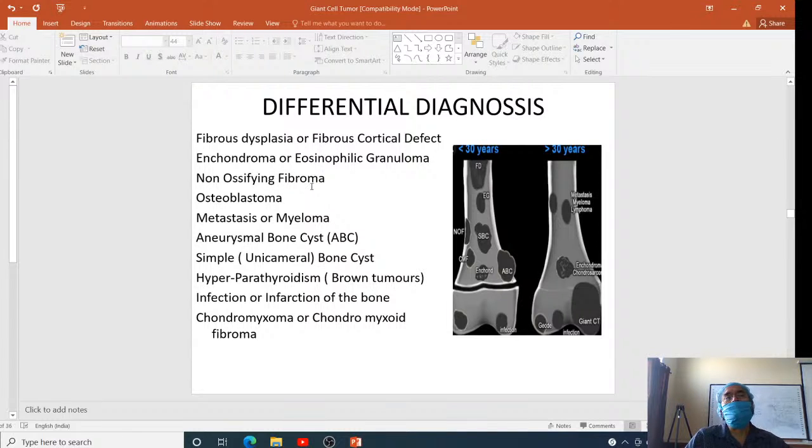The name itself tells you that it contains fibroblasts which are non-ossified. That means there is no new bone formation, just fibroblasts. So it's a soft osteolytic lesion. Osteoblastoma is one of the differential diagnoses. Most common is metastasis or myeloma. Metastases are the most common bone tumors. That's what they say for entrance.